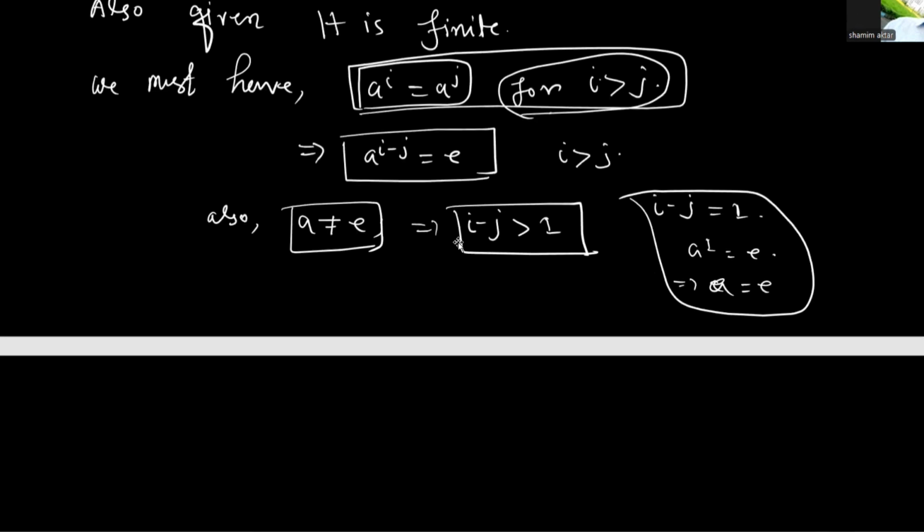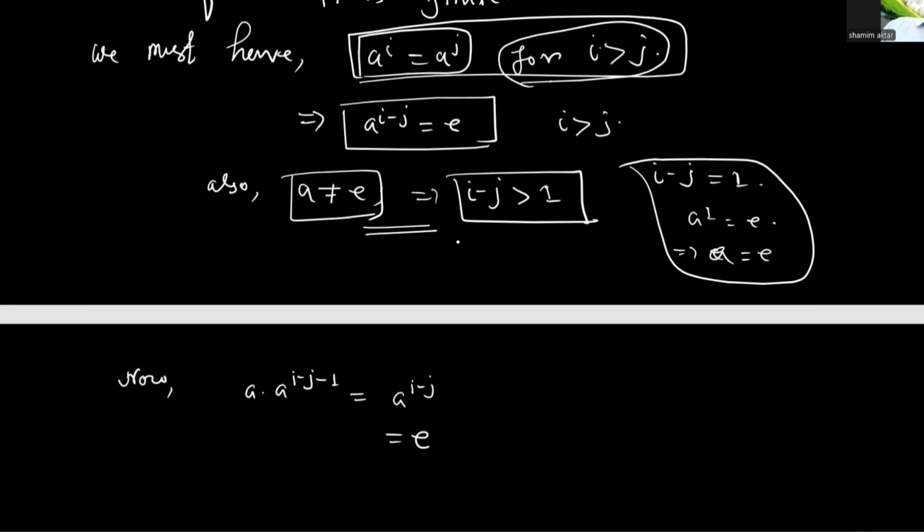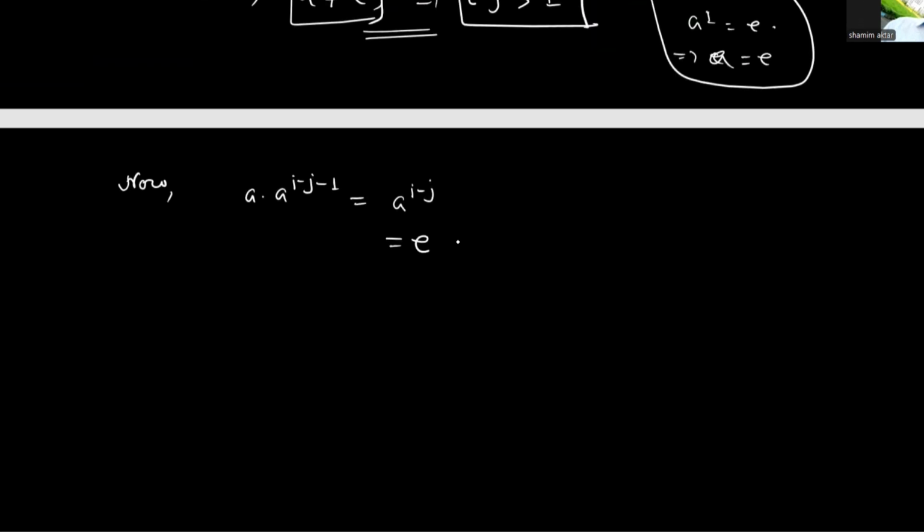Now to calculate the value a dot a to the power i minus j minus 1, that is equal to a to the power i minus j, that is equal to identity from here. So a to the power i minus j minus 1 is equal to a inverse.